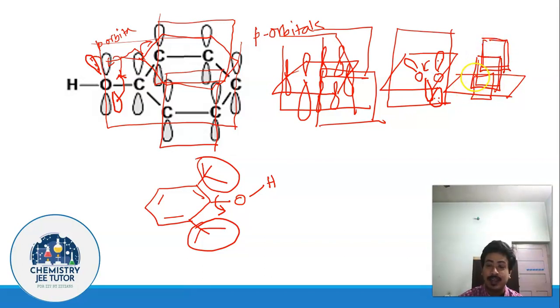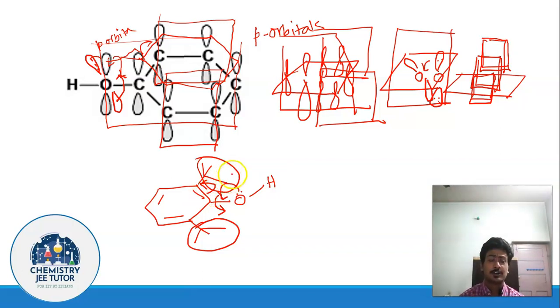So once this happens, this p orbital is not going to take part in resonance anymore. So this kind of thing, top to middle and middle to top, is something you are not going to see in a molecule like this.